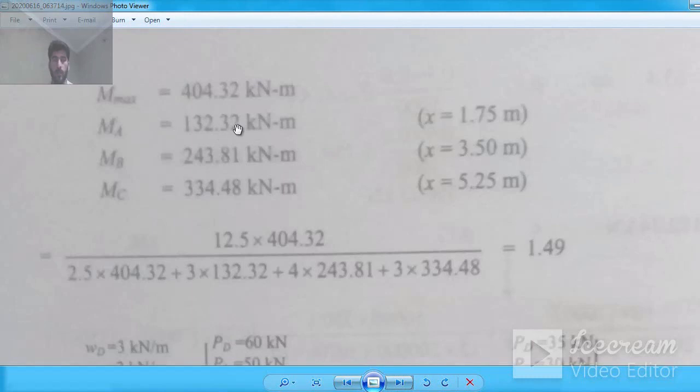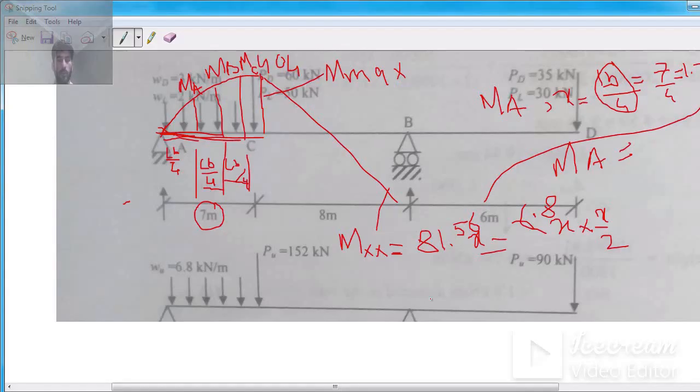Clear? Similarly for MB, you have to insert 3.50, because you have to double it. This distance is 1.75 and this distance is also 1.75, so 1.75 plus 1.75 comes out to be 3.5. And then again this distance is 1.75, so you have to triple this distance for MC.